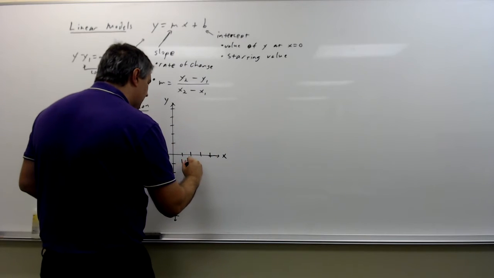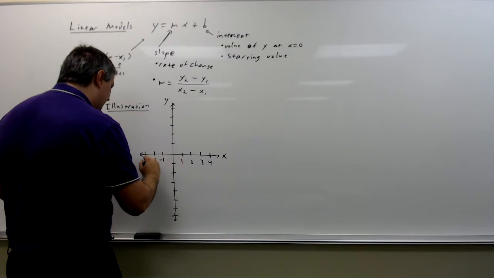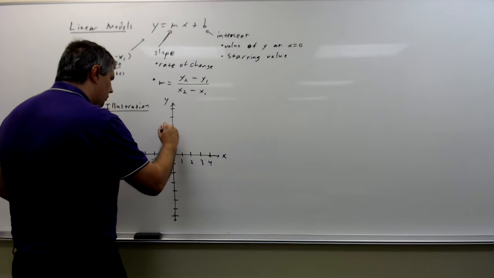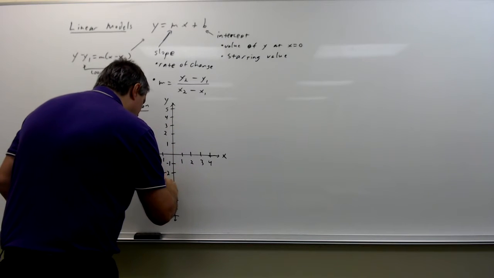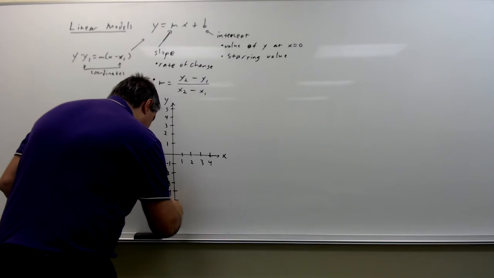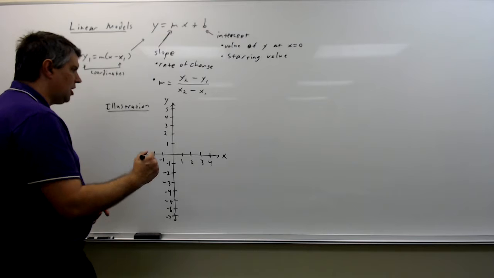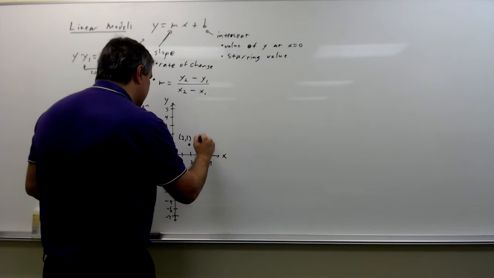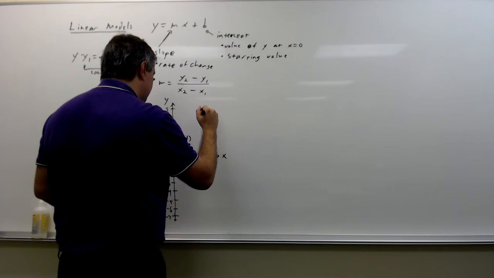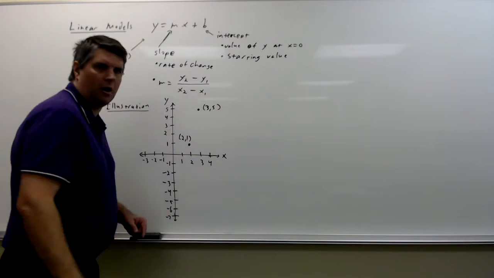I'm going to make it simple. 1, 2, 3, 4. Negative 1, negative 2, negative 3. 1, 2, 3, 4, and 5. Negative 1 through negative 7. So this point will be 2, 1. This point will be 3, 5.